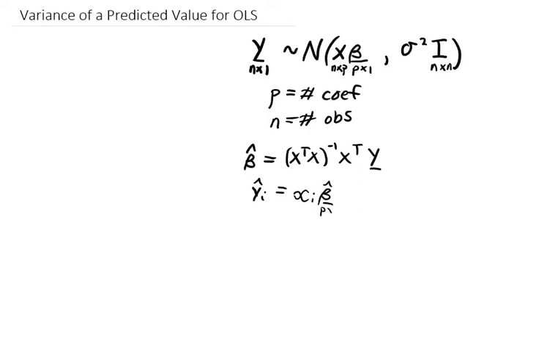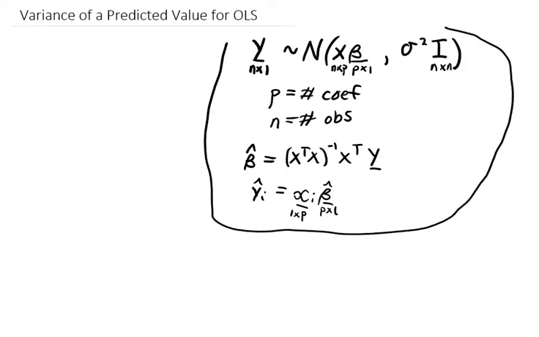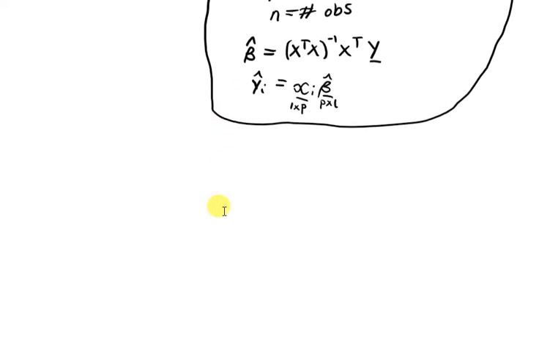Beta hat is the estimator of the beta vector, and x_i is a 1 by p vector. So this is our setup, our home base, just a general setup for the problem.